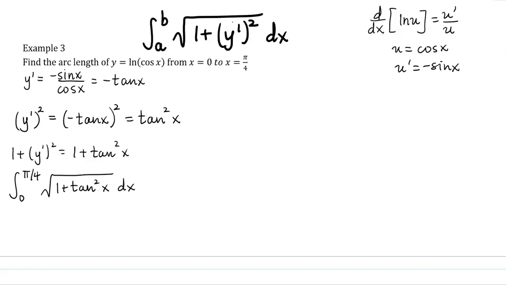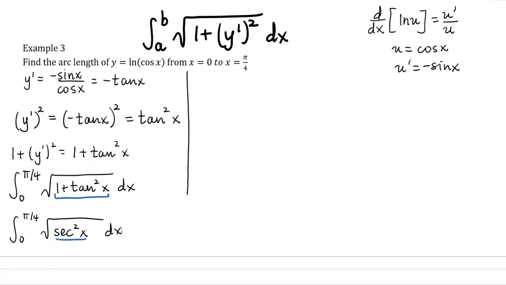Now, how do we integrate this? We have to use a Pythagorean identity to simplify it some more. 1 plus tangent squared is equal to secant squared. All of that right there is equal to this, which is very convenient because now it makes it very easy for us to take the square root of that.